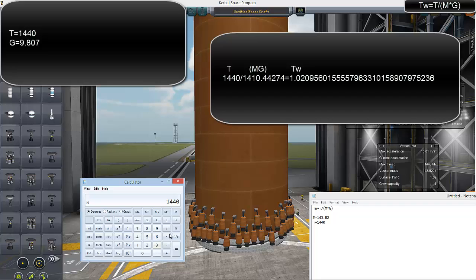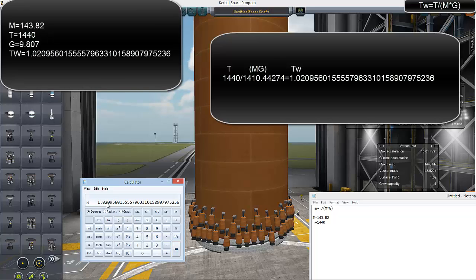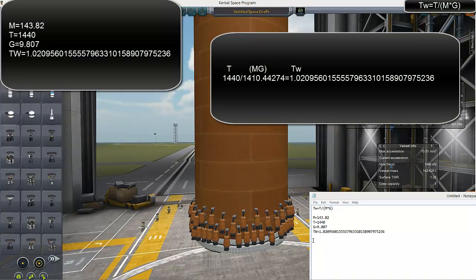Then 1440 kilonewtons divided by our answer, and as you see here, 1.02, so on. So that's pretty much it as far as that goes. So we know it will take off.